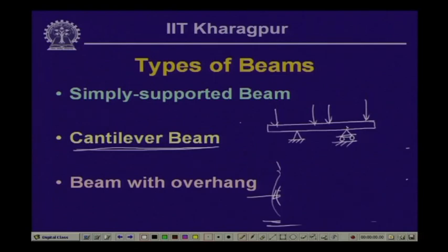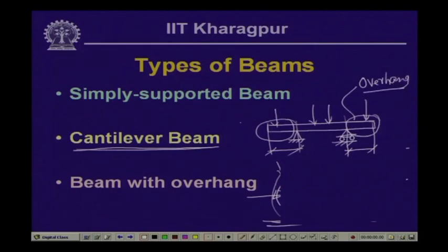Now, here this part of the beam is extended beyond the support point. Now, these parts we generally call as overhang. This is the overhang part of the beam. Now, this is a simply supported beam with overhang.